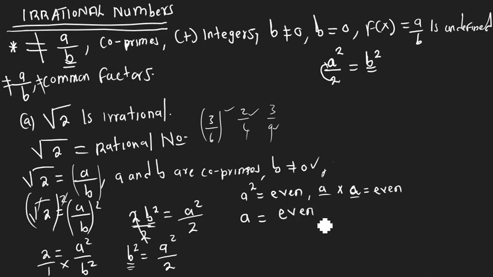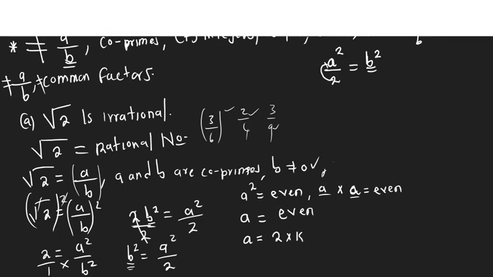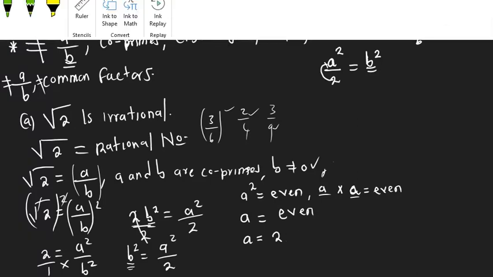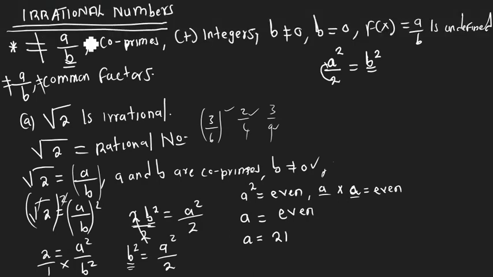Cool. Then if that is the concept, it means that a can equal 2 multiplied by a factor k, so we're going to get 2k. So I'm going to put my 2k here.